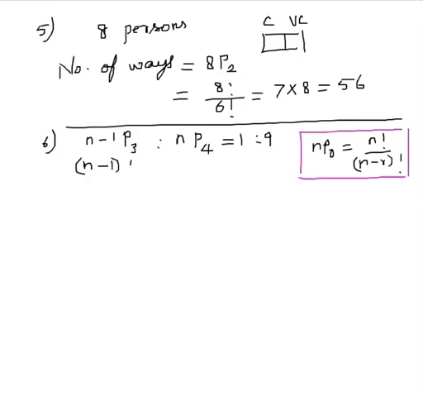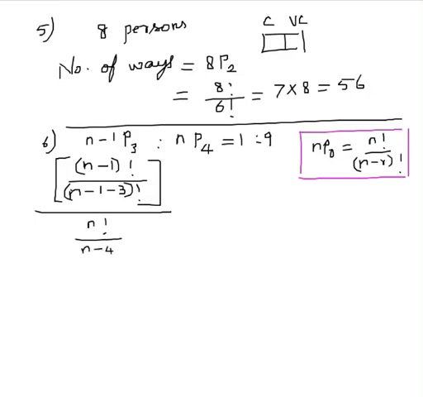Therefore, we get n minus 1 factorial divided by n minus 1 minus 3 factorial. This is the numerator. The denominator is n factorial divided by n minus 4 factorial, equals 1/9. n minus 4 factorial could be cancelled.